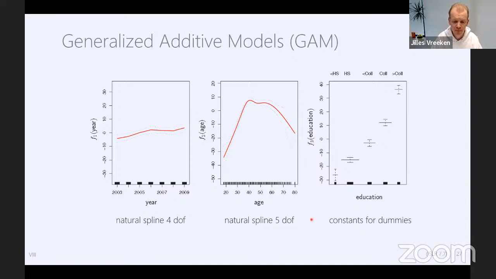Same thing for education, except here we start to see something a little bit weird. We have, for each of these education levels, remember, lower than high school, and so on and so forth, what are now essentially the added bonuses, right? What is the level from which we have to see?